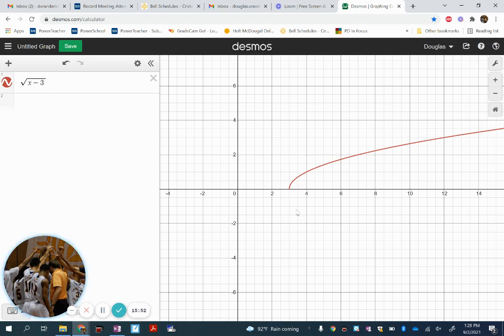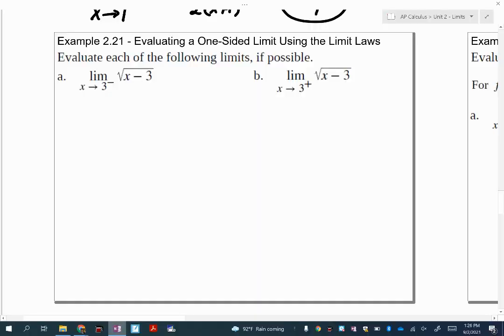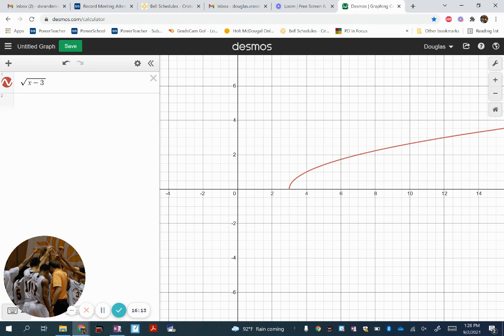We don't have any values less than 3 in the x that we can use. So this one you can't even do when you look at the one-sided limit from the left. It does not exist because we don't have any values for x that would be able to plug into this function. And when you look at it from the right-hand side, you'll notice we're approaching 0.